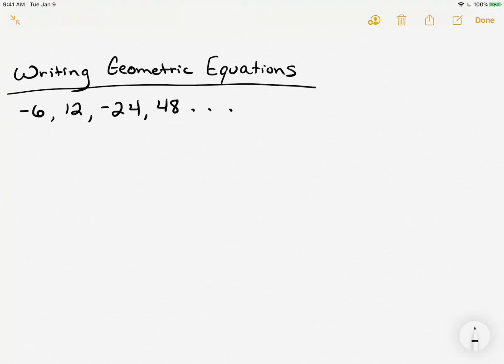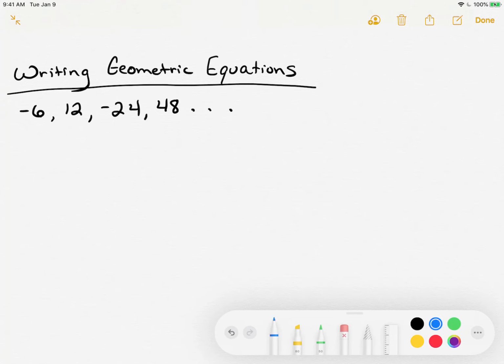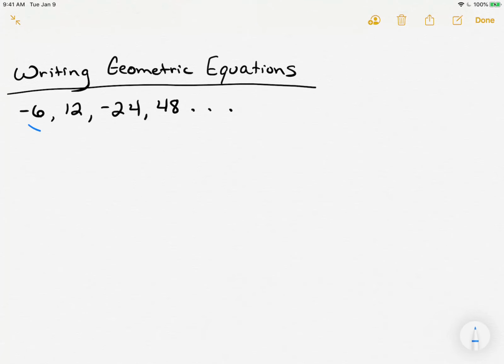Okay, so if I were to ask you, for example, to find the 9th term in the sequence, I'm not going to figure out what the geometric ratio is and then multiply it 9 times. Just not going to do that. So I need an equation. Step 1 for the equation is the same as what we've been doing so far. Let's find the ratio. What am I multiplying by every time? 2.